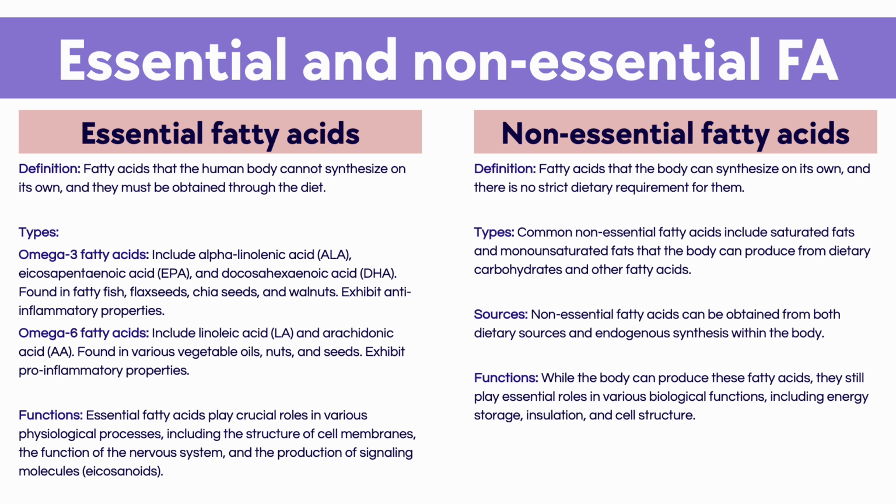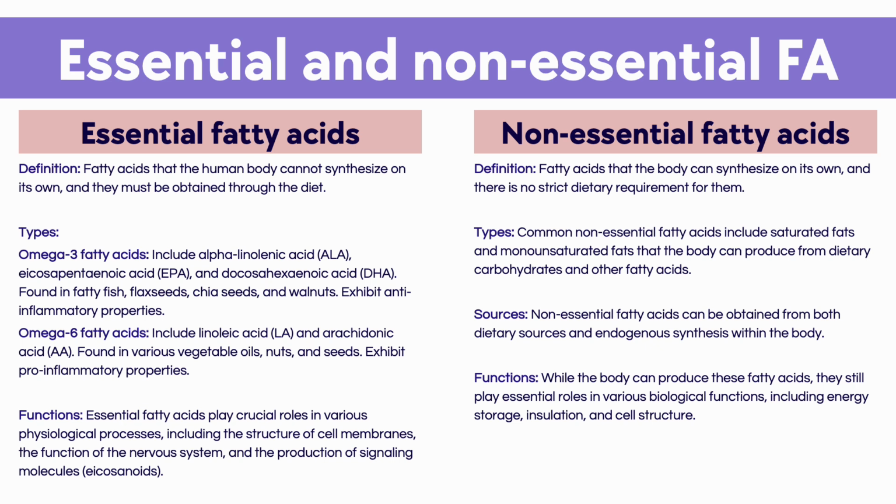There are two main types: omega-3 fatty acids, encompassing alpha-linolenic acid, ALA, eicosapentaenoic acid, EPA, and docosahexaenoic acid, DHA, found in fatty fish, flax seeds, chia seeds, and walnuts, exhibiting anti-inflammatory properties, and omega-6 fatty acids, including linoleic acid, LA, and arachidonic acid, AA, found in various vegetable oils, nuts, and seeds, demonstrating pro-inflammatory properties.